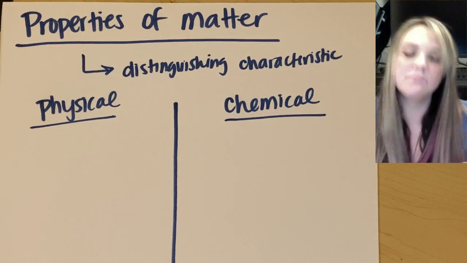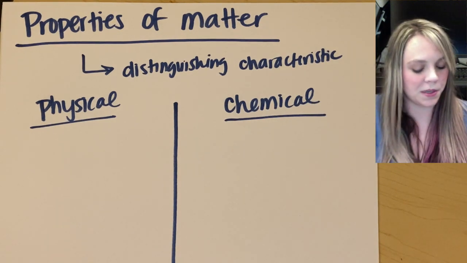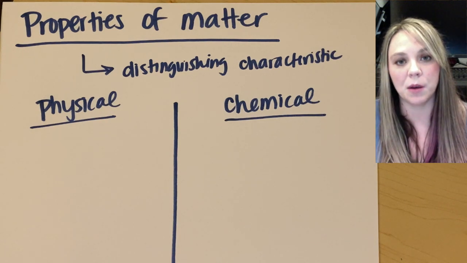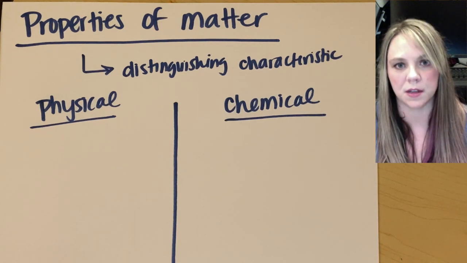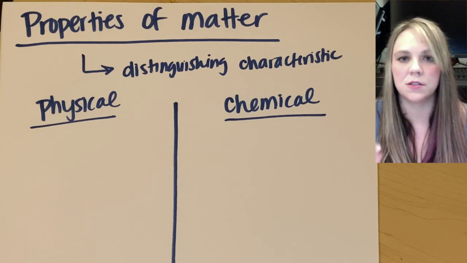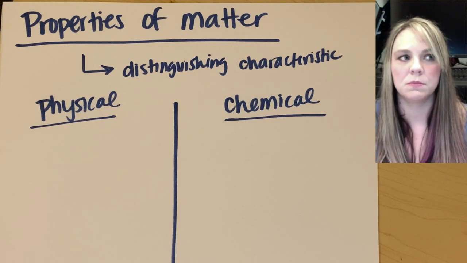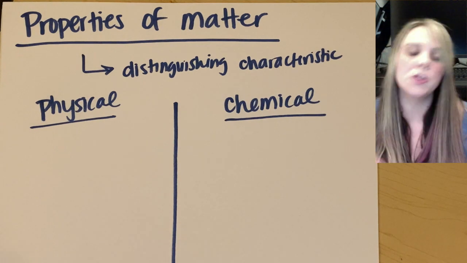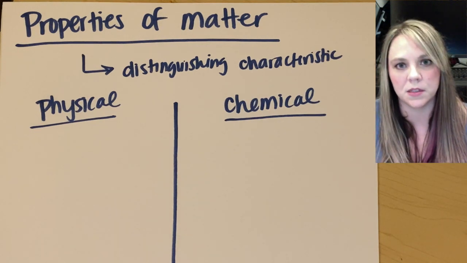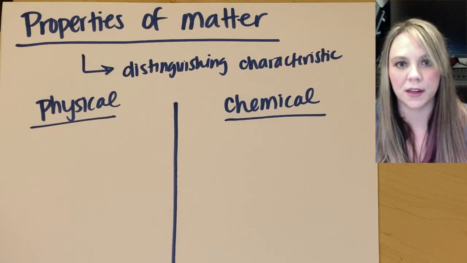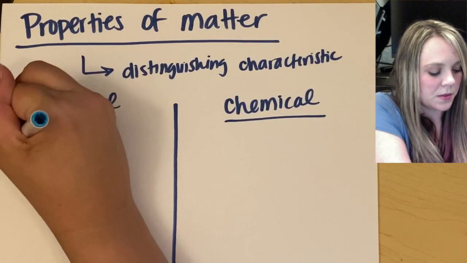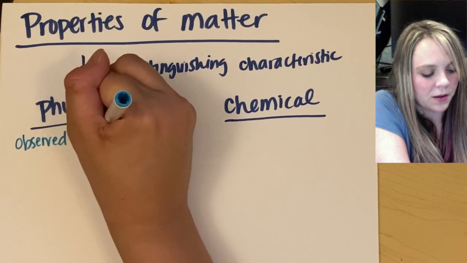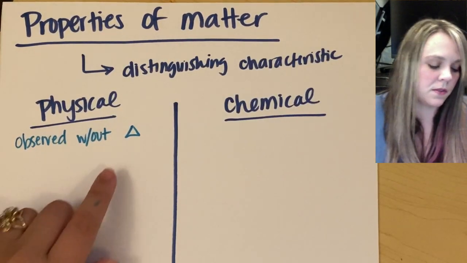All right, so physical properties are basically any property that can be observed without changing the material itself. Things you can see, things you can smell, just something you can observe about the substance without doing anything to it. So physical would be observed without changing it.